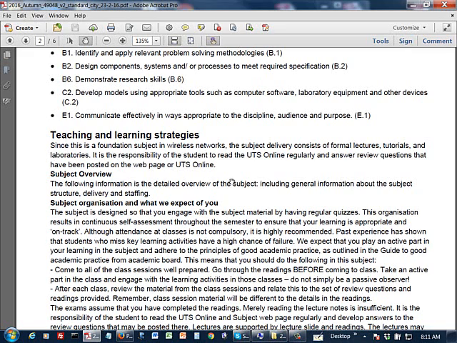And then we will also have regular quizzes in this subject. So this subject is designed so that you engage with the subject material by having regular quizzes, and these quizzes will serve as self-assessment to ensure that your learning is appropriate and on track.